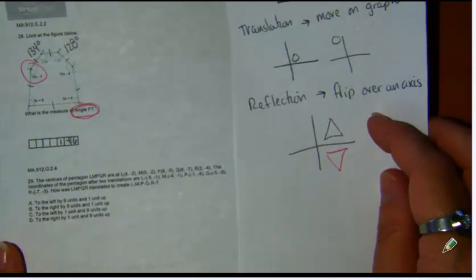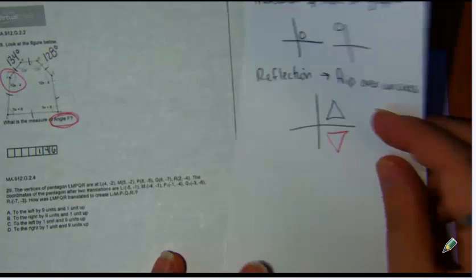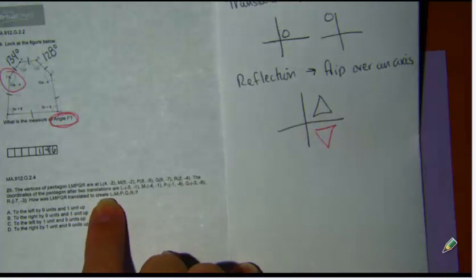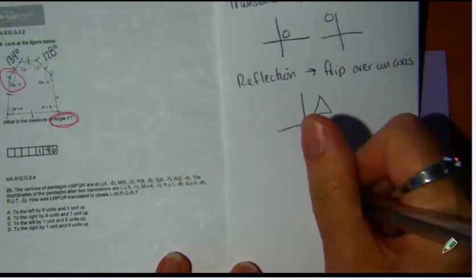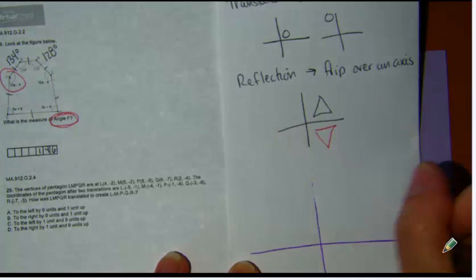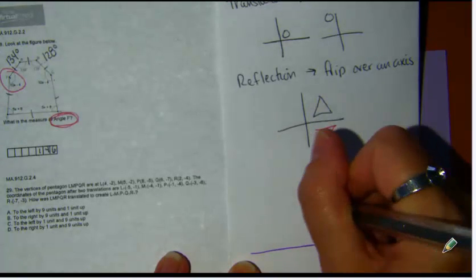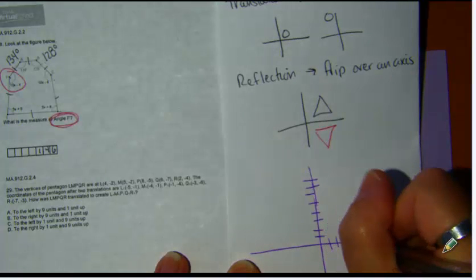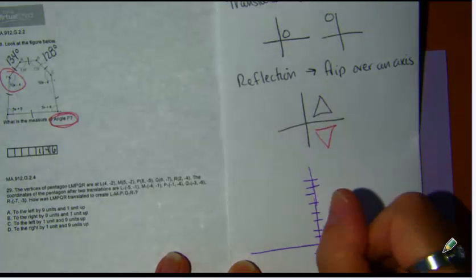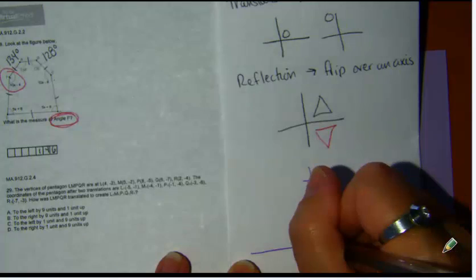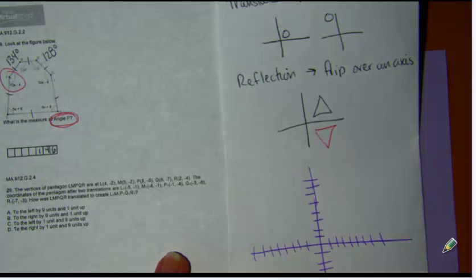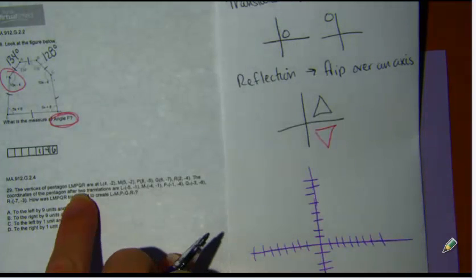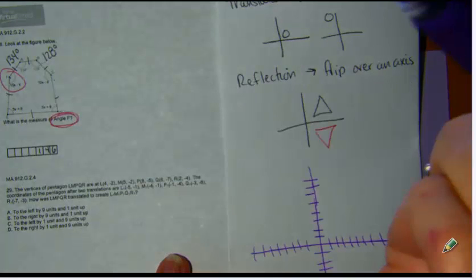Then for this one, we have some movement that's going to occur. So what I'm going to do is I'm going to draw LMPQR in purple.